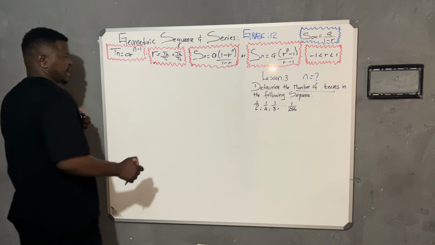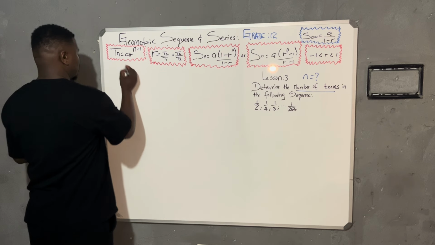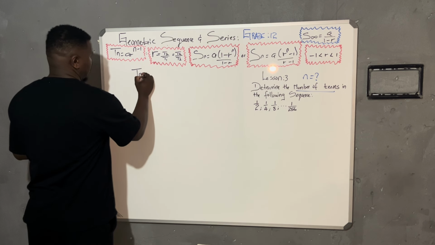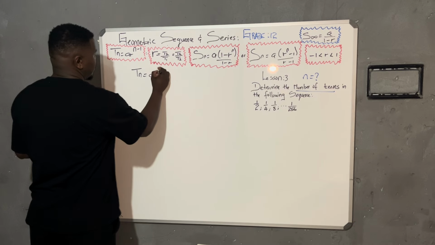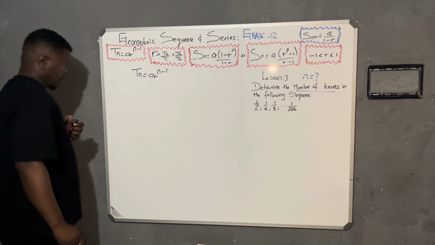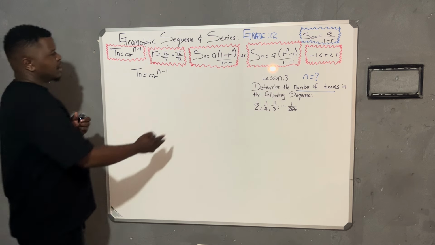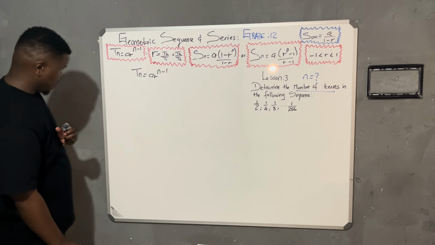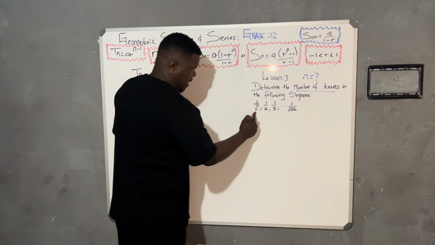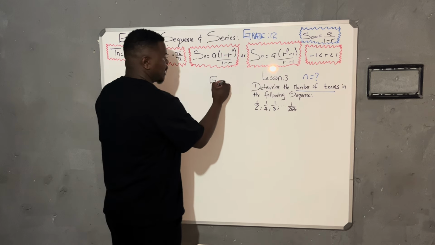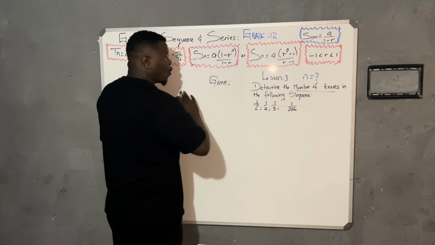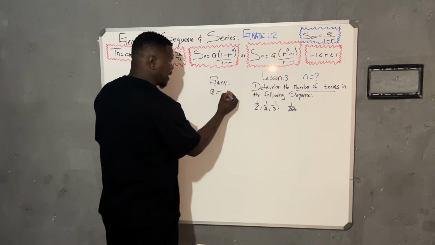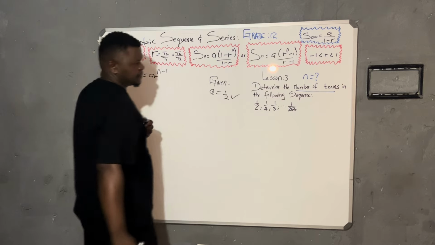So we're gonna take this one, Tn equals a r to the power n minus 1. We are now taking this and work with it. Understand that according to this, if I have to indicate what I'm given, I know my a, it's a half, done.